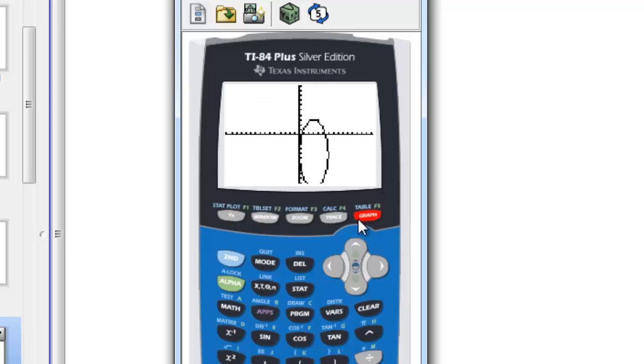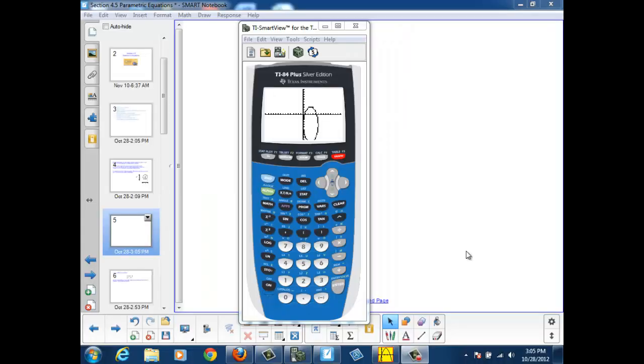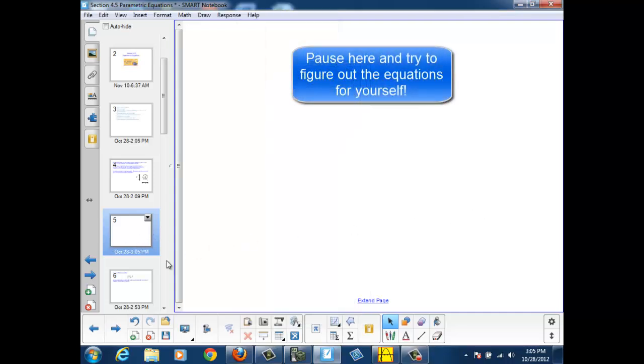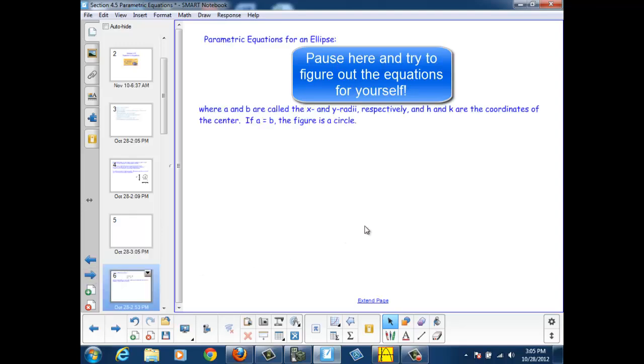Here it is again. Based on our experiences, we should now be able to come up with an equation for any form of ellipse using parametric functions. Hopefully this is what you came up with.